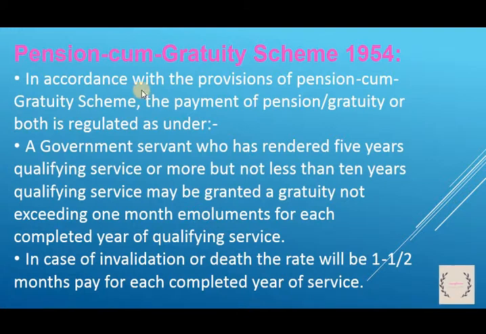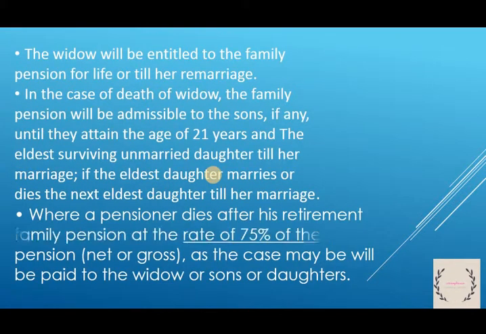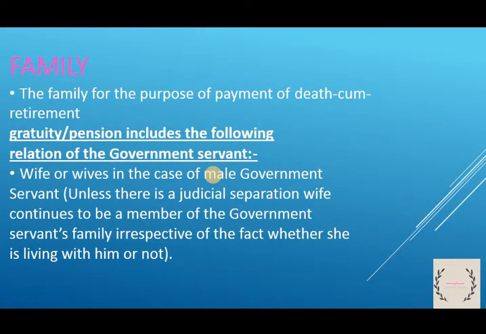There's something remaining. Pension cum gratuity scheme, 1954. All these are reading stuff. Read it yourself so that you can enhance your knowledge about family, the family for the purpose of payment of death cum retirement. It means which member of the blood relation is eligible or entitled for the family pension.